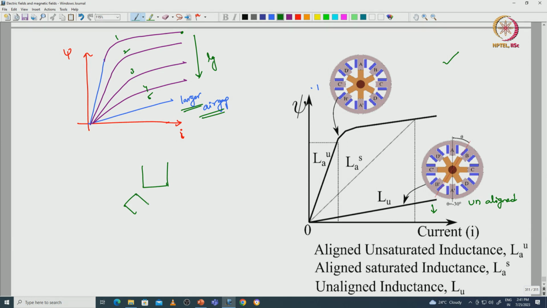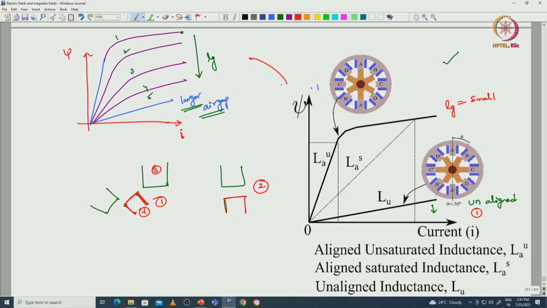This is the rotor pole, here one more stator pole is there. The rotor pole is unaligned with respect to the stator pole, that is case 1. If the rotor pole is exactly aligned with the stator pole, this is the rotor pole, then this is case 2 where the air gap value is small.